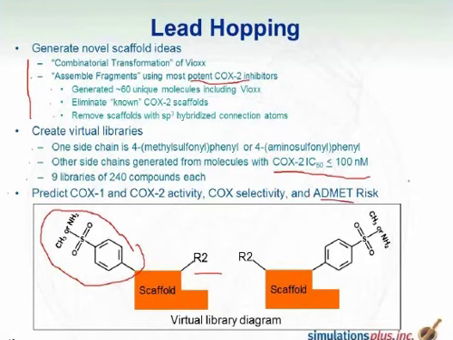ADMET risk I haven't talked about, but it's composed of 3 different types of liability risk. One is absorption risk, so it measures factors for the compound absorbing through the gut membrane and getting into systemic circulation.